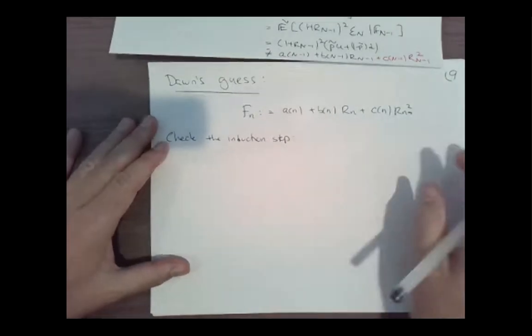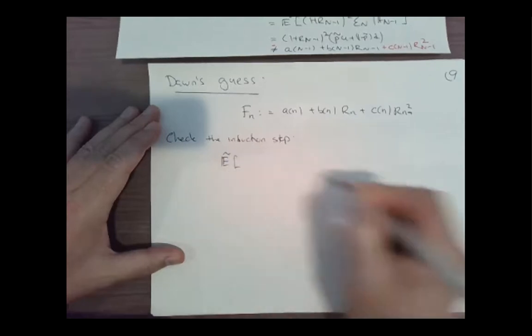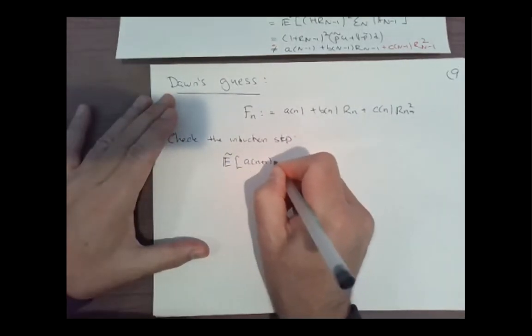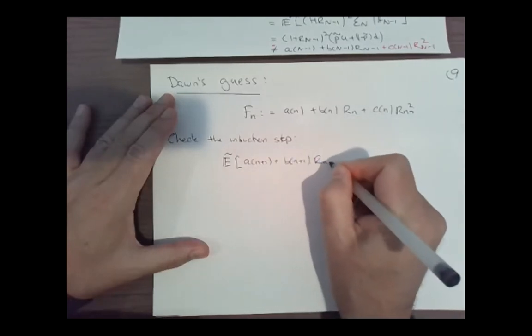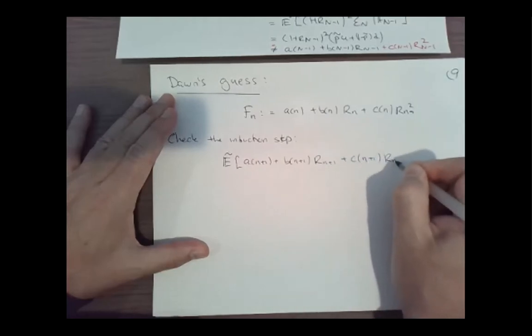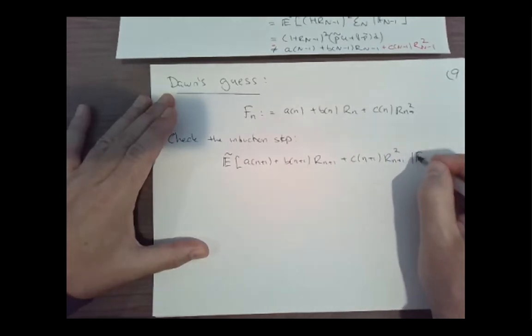So let's just work it out. I don't think it's such a big deal. We will plug in these values here at a later time. And your R n plus 1 plus C n plus 1 R n plus 1 squared given Fn.